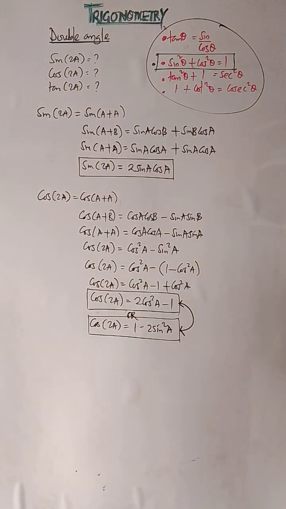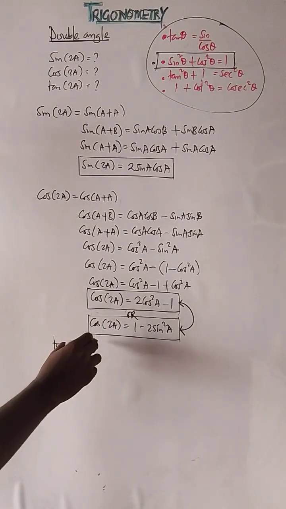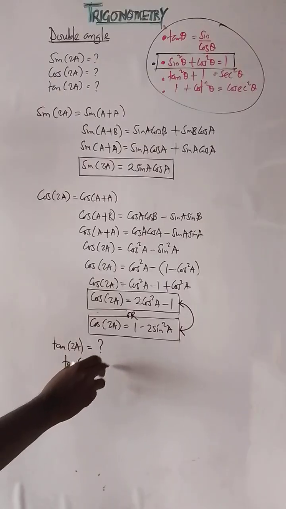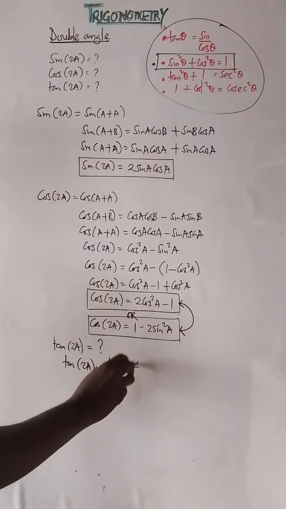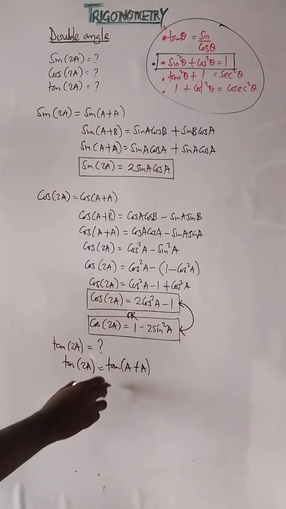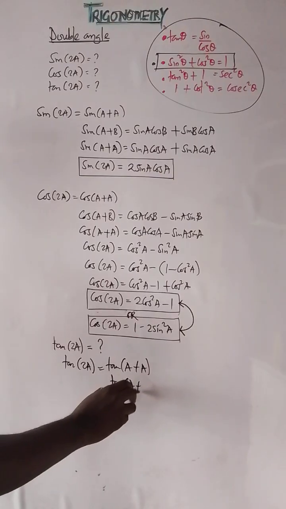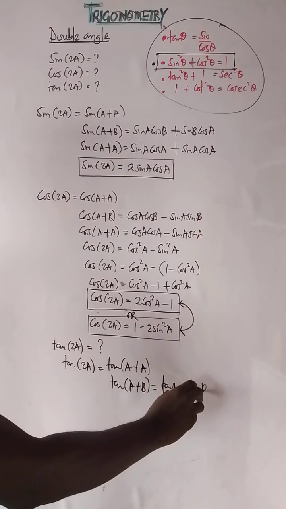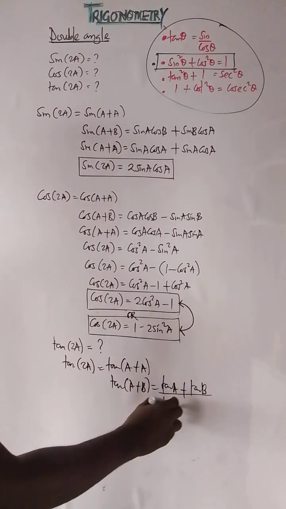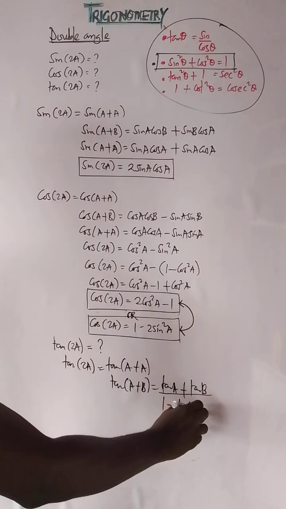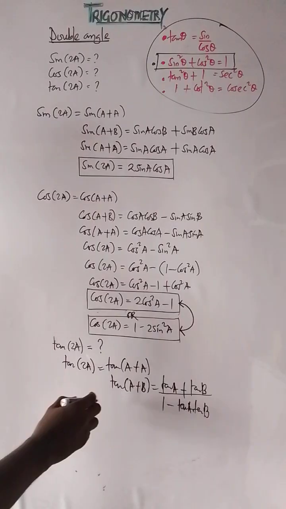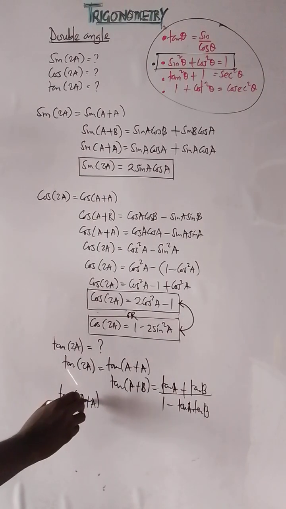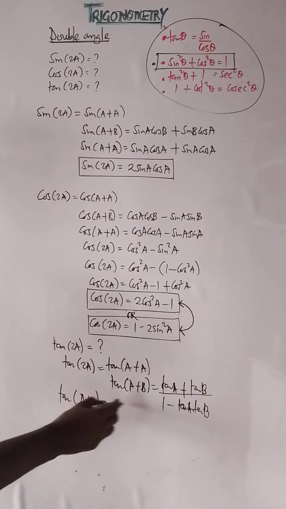So the next one is tan 2a. What will be tan 2a? So tan 2a can also be written as tan a plus a. A plus A is 2A. What's tan A plus B? Tan A plus B equals tan A plus tan B divided by 1 minus tan A tan B. So this time around, to get the value of tan A plus A, it means replace this B with A here.